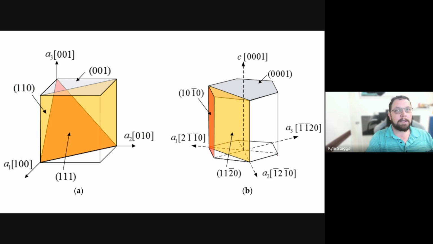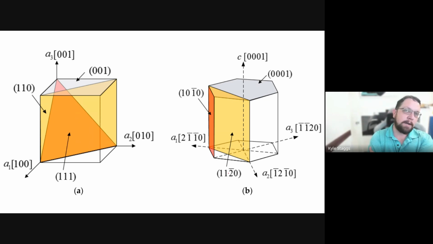And this gives you some idea about what the relationships are. Hexagonal is a little more difficult to envision, but this image I think is actually very good at summing this up. So the 0001 is this top plane.